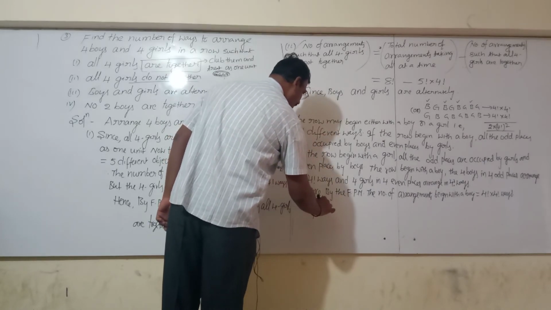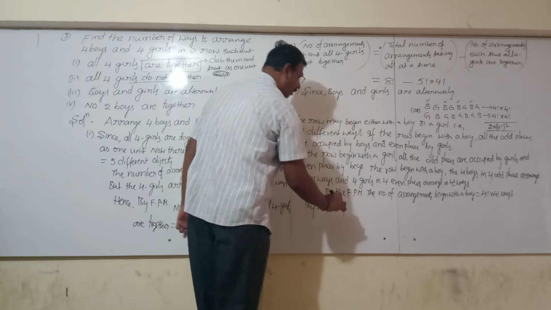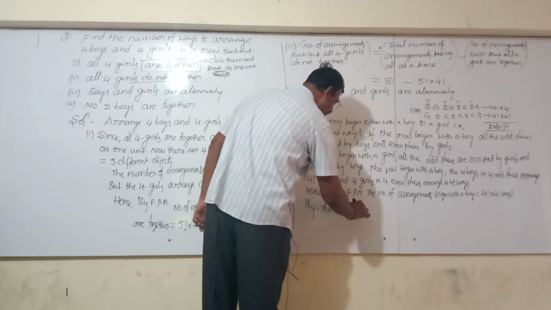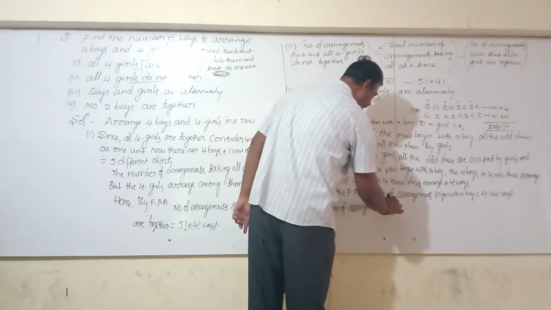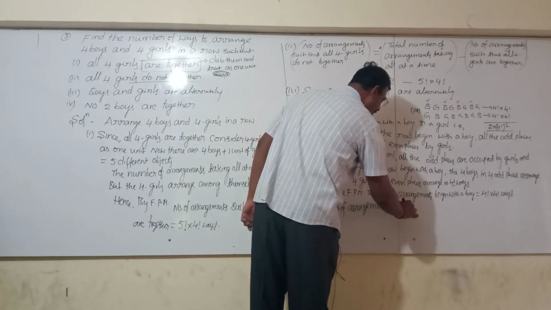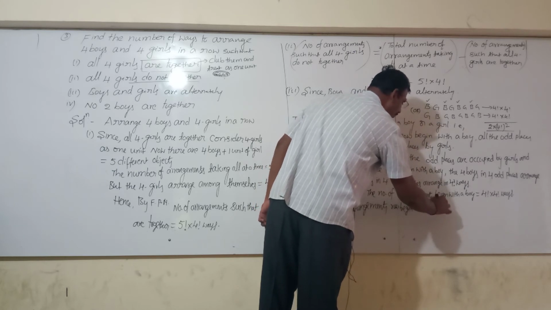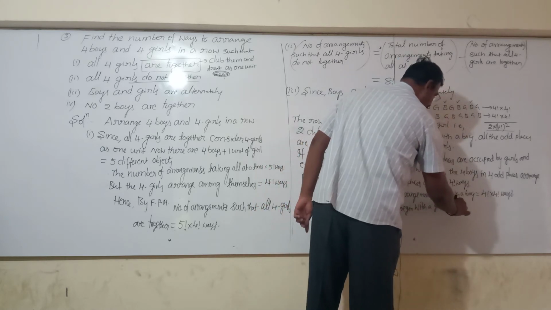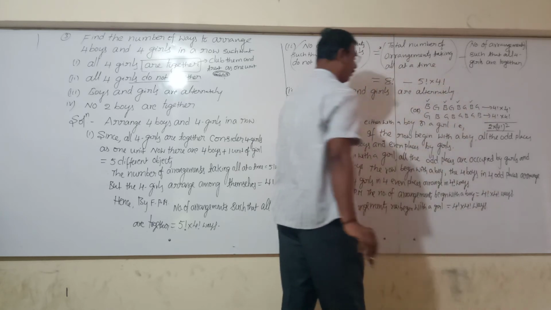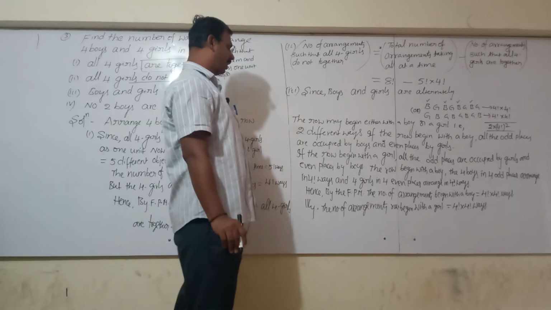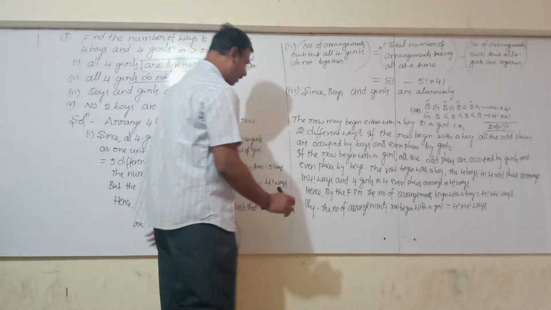Similarly, the number of arrangements in a row begun with a girl is equal to 4 factorial into 4 factorial ways.